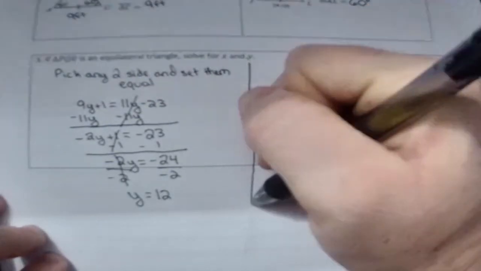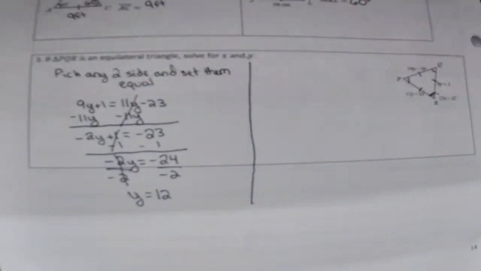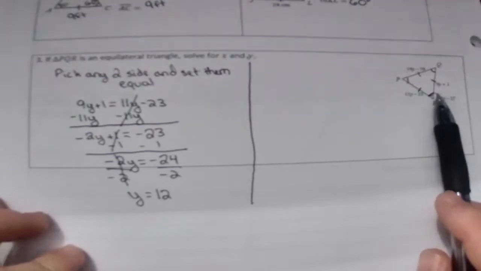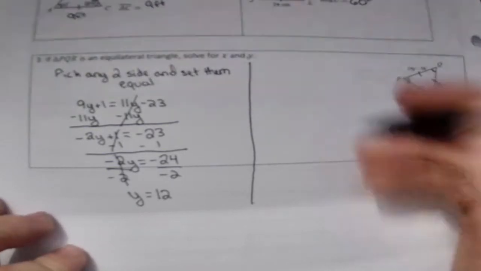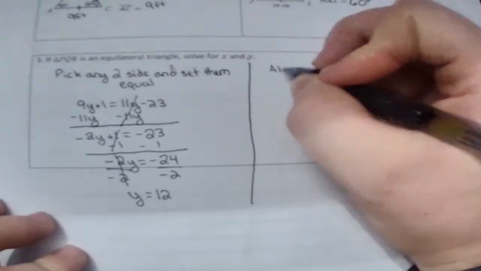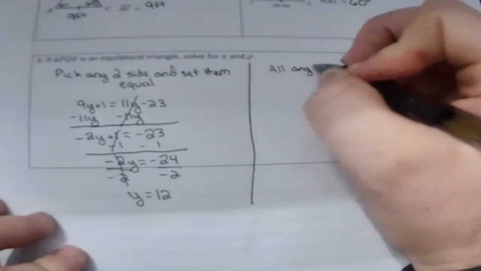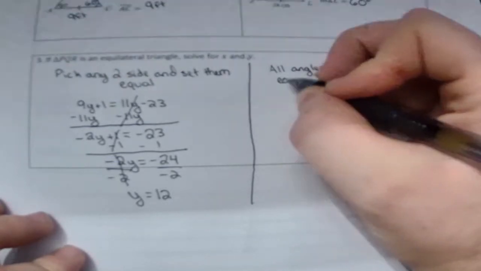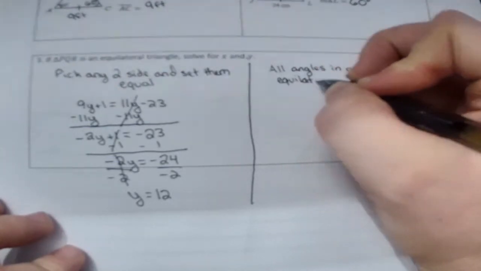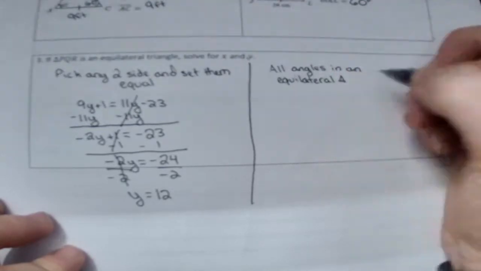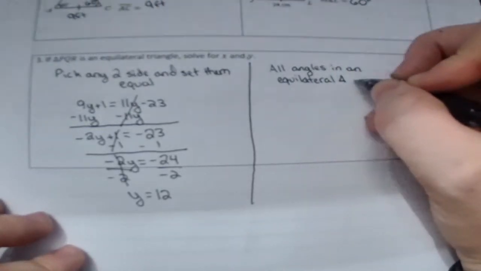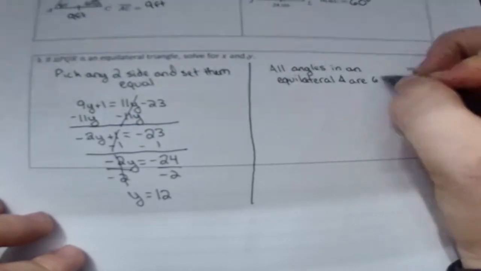So we were able to solve for y knowing that the sides have to be equal. Now if I go to solve for x, notice that there was an arrow pointing to this angle. So all angles in an equilateral are going to be 60 degrees.